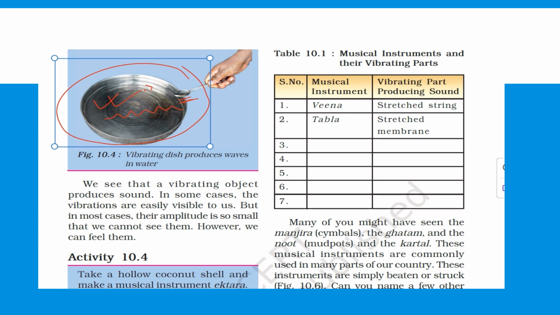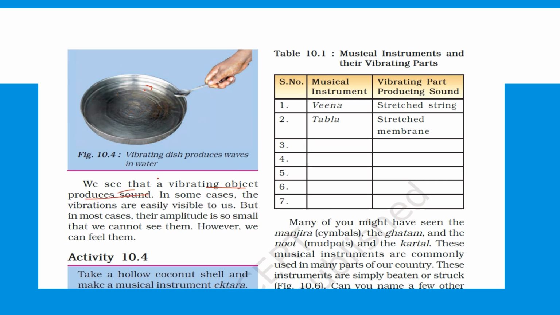So we see that a vibrating object produces sound. In some cases the vibrations are easily visible to us, but in most cases their amplitude is so small that we cannot see them. However, we can feel them.